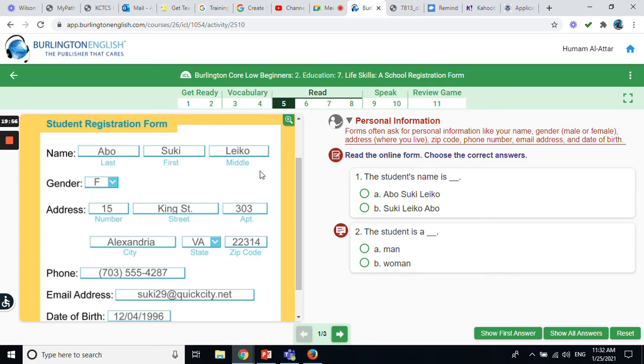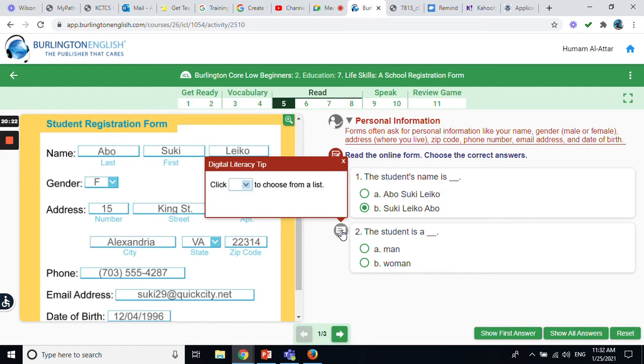If you look at the registration form, you can... Okay. Click on this to choose from this.